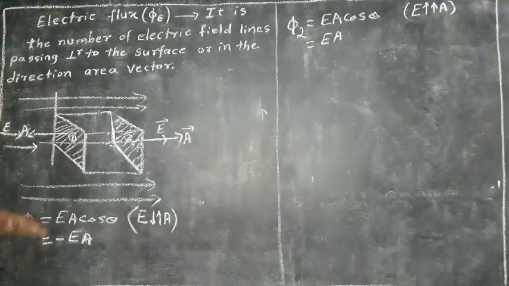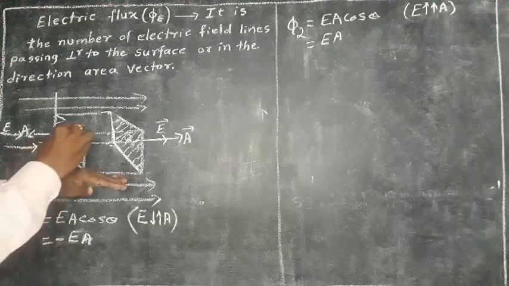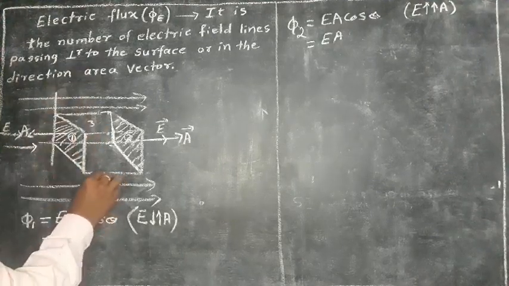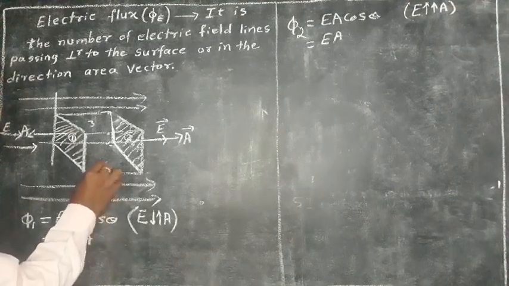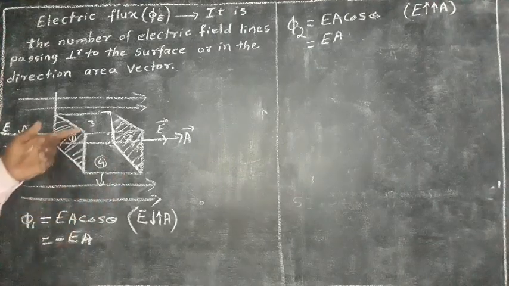And there is an upper surface and a bottom surface. This is the third surface, the upper, and the fourth surface, the bottom surface.